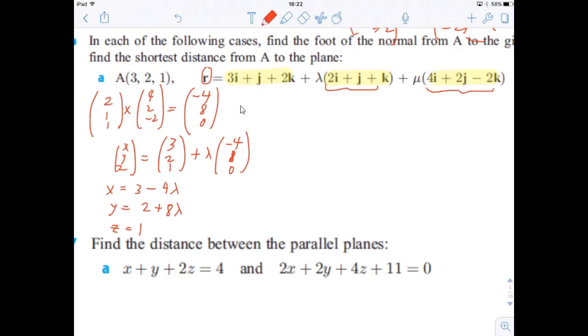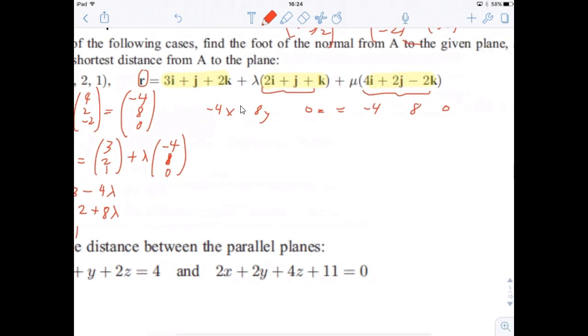We could. We could put negative 4, 8, 0, which are the coefficients for the normal, and then we multiply that times x, y, z, and the right side we multiply times 3, 1, 2, which is 1 point on the plane.